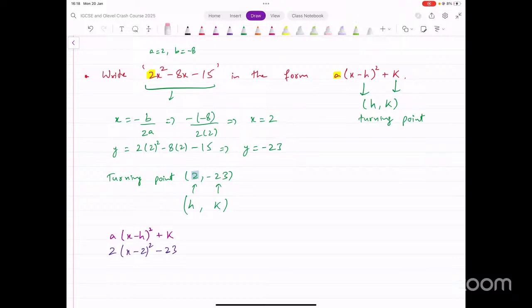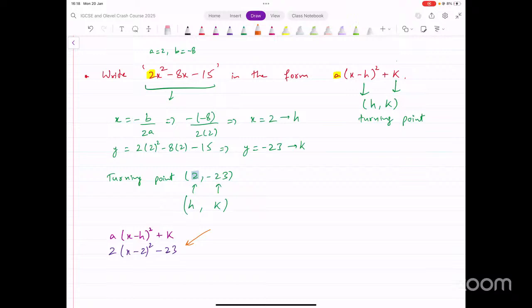And that tells you that this is the value of h and this is the value of k, right? And then in the standard form, you just input h equal to 2 and k equal to minus 23, and a being the same as the a in this form, and you'll get the completed square form directly, right? This is one of the quickest ways of finding the completed square form of any quadratic function.